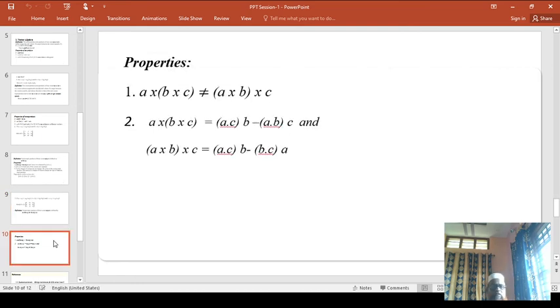Properties: A cross (B cross C) is not equal to (A cross B) cross C. Both are different.